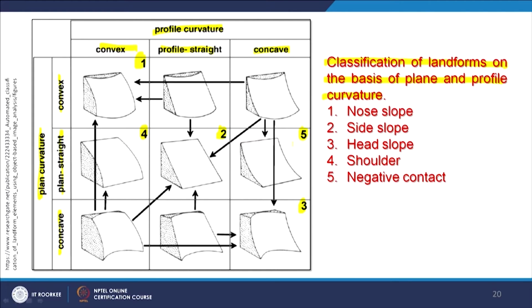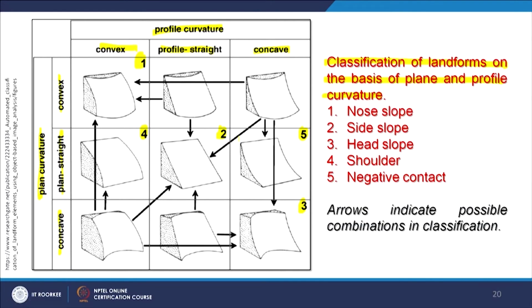This is one negative contact, which is concave in terms of profile curvature, and in plan curvature it is plan or straight, that is negative. So, these arrows are indicating possible combinations of classifications, some we have already indicated, and how these can be classified. The classification of total curvature or standard curvature will allow you to understand the terrain from geomorphic or landforms point of view much easier.